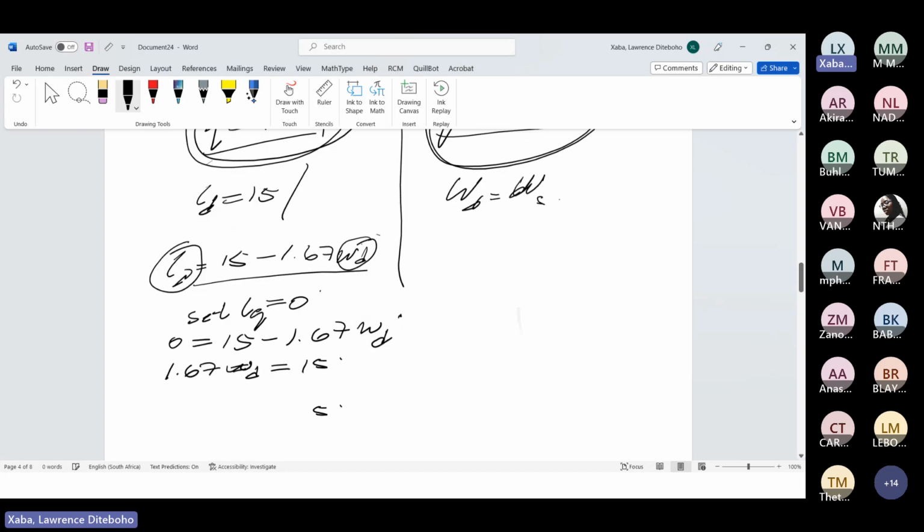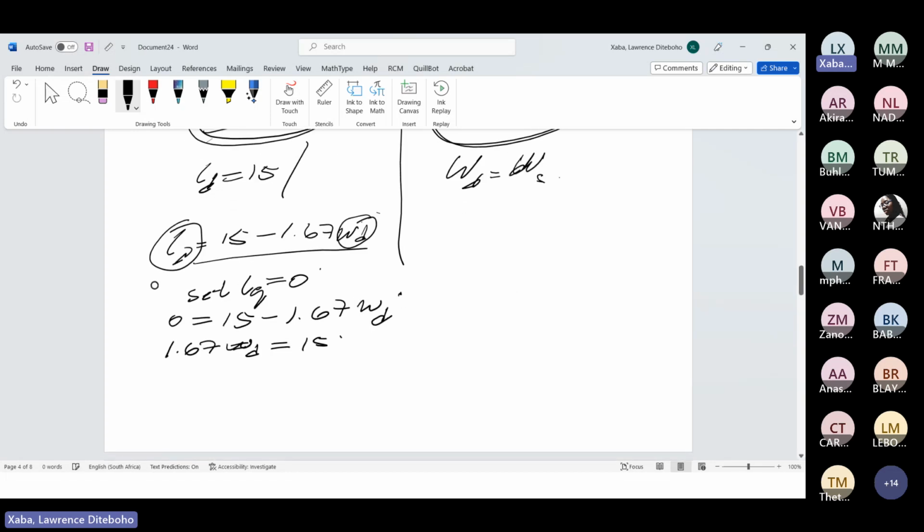But remember, our interest is to have the value of W subscript D. So in this case, we have to get rid of 1.67 by dividing both sides by the same value, 1.67. Then we have W subscript D equals to 15 divided by 1.67.